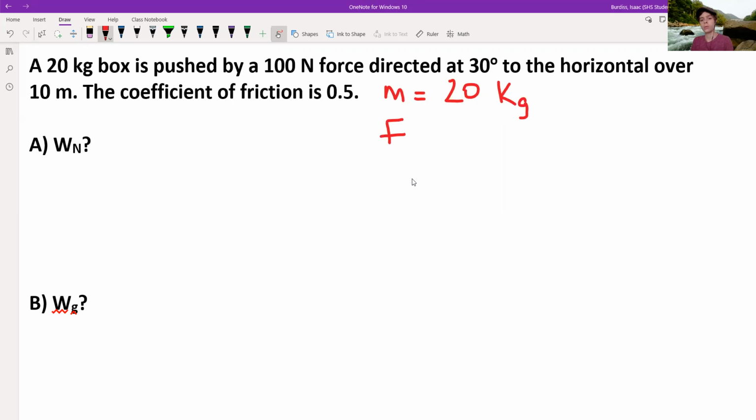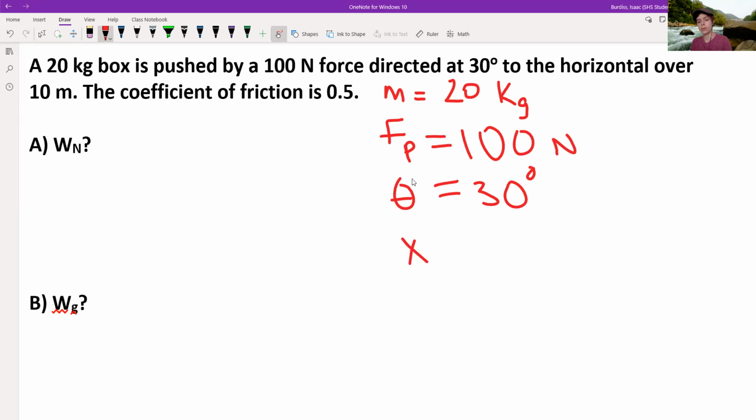Force, and that would be the force applied, say FP is 100 newtons. The angle is 30 degrees. The distance, we just do D, is 10 meters.